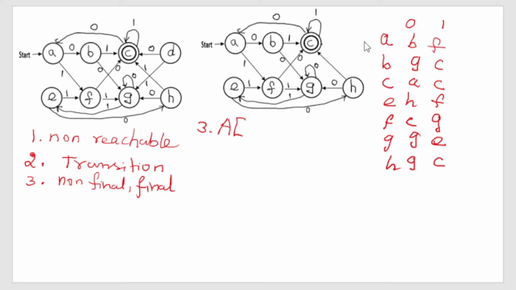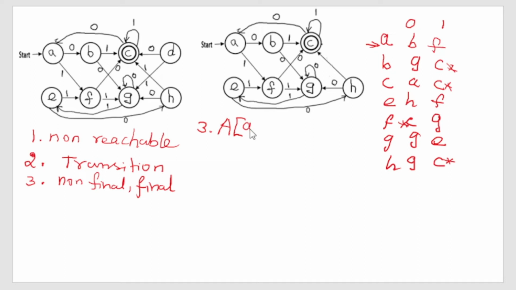Here in the transition table, we have to mark the starting state. A is the starting state. And what is the set of all final states? C is the final state. So we have to mark the final states in the transition table and form the set of all non-final states.